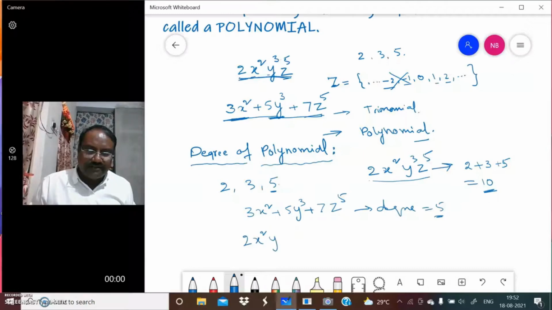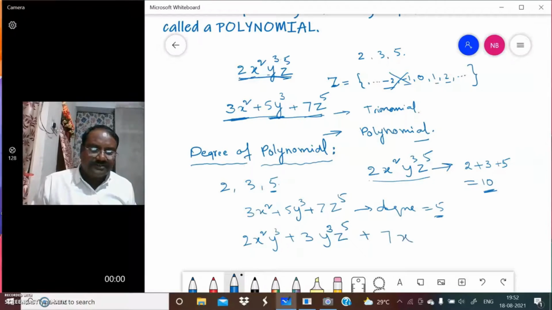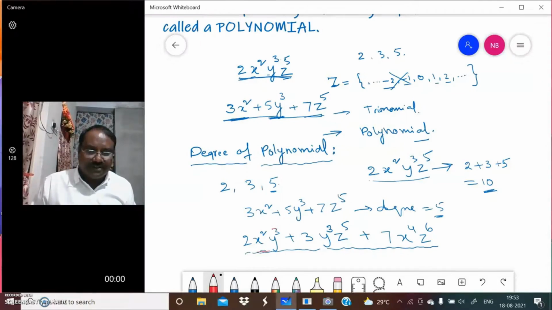Like that, see one more example I give here. 2x² y³ + 3y³ z⁵ + 7x⁴ z⁶. Now, what is the degree of this total polynomial? To find it, we have to find the degree of each monomial. The first monomial is 2x² y³, so the degree of this monomial is 5.